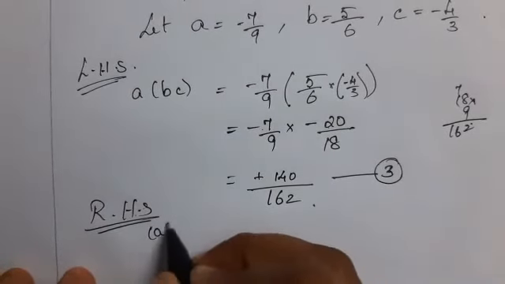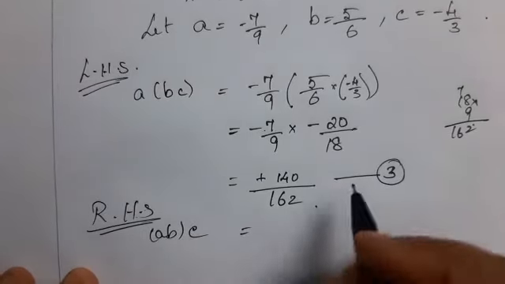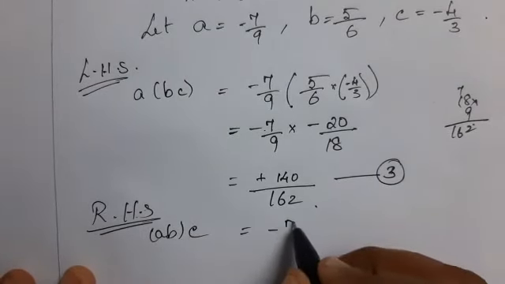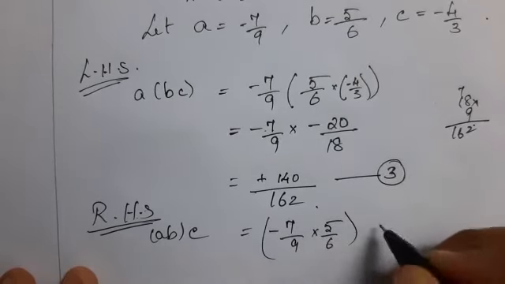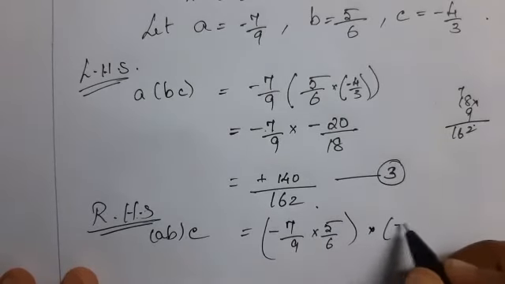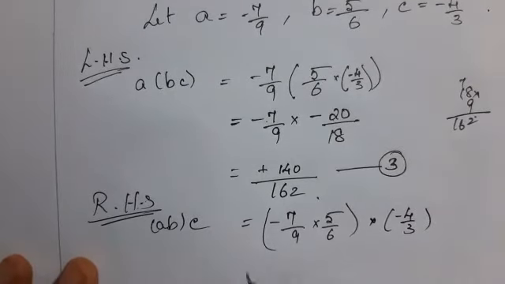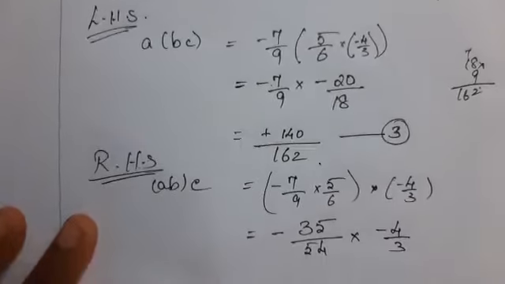Right hand side, AB into C is equal to minus 7 by 9 into 5 by 6 into minus 4 by 3. Minus 7 into 5, minus 35. 9 6s are 54, into minus 4 by 3.